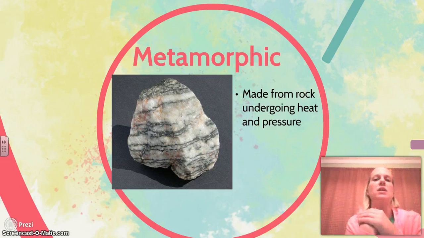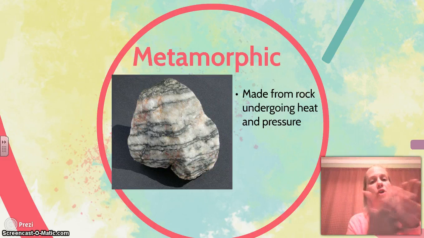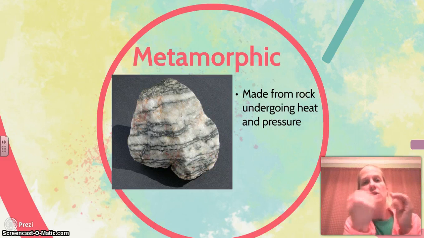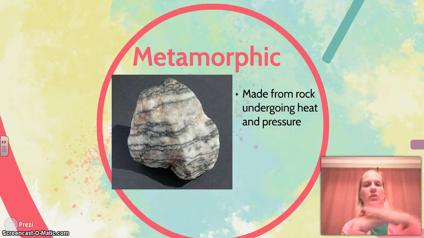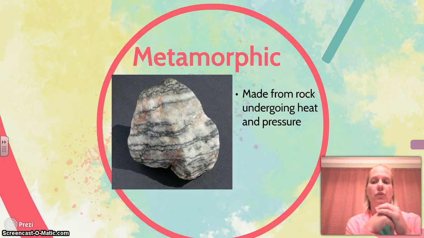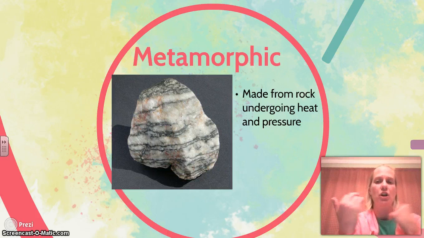We're talking a tremendous amount of heat. And pressure, we're talking about squeezing with great intensity. Think about being at the bottom of the ocean, how much pressure is on top of you. That's the kind of pressure we're talking about. So to form that metamorphic rock, it has to undergo this heat and pressure.